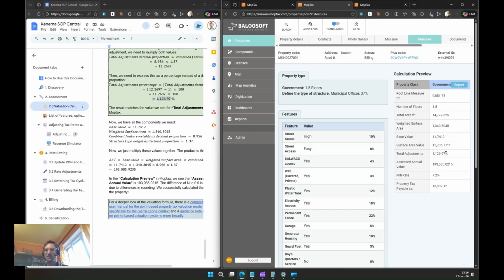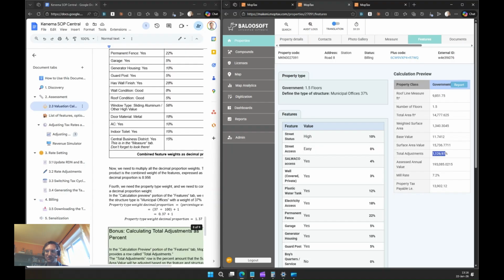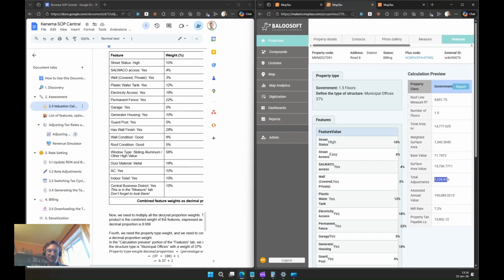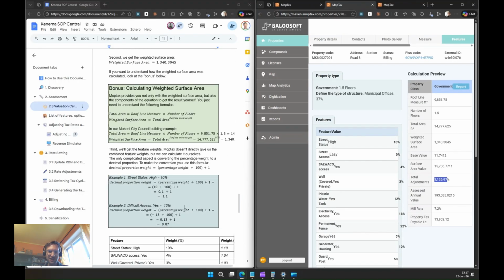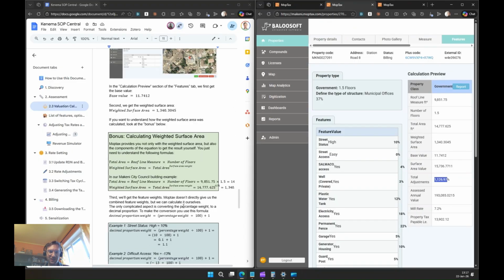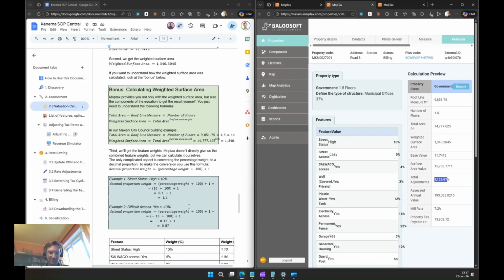Let me do one last thing. I want to continue to demonstrate how you adjust from the percentage back to the decimal proportion. If you remember our formula for the decimal proportion, or if you reference it in the standard operating procedure, it is here. You take the weight, you divide by 100, and you add 1.